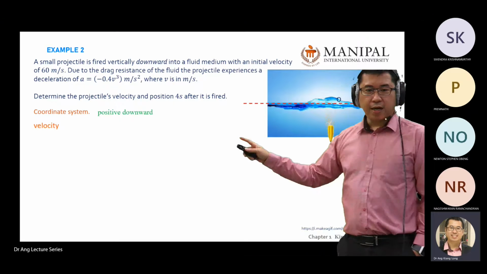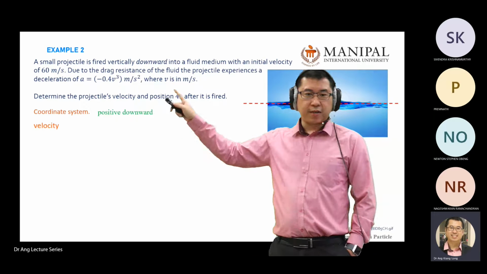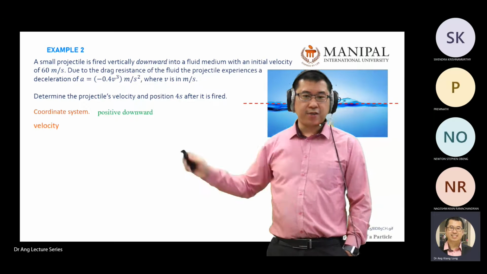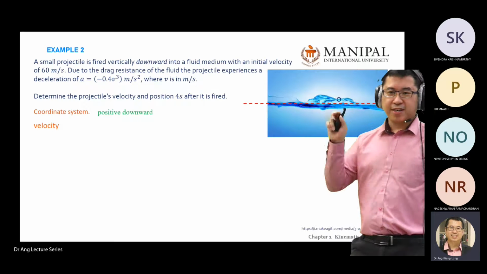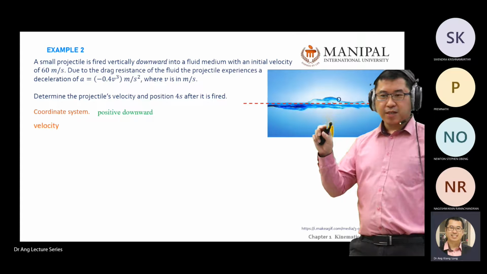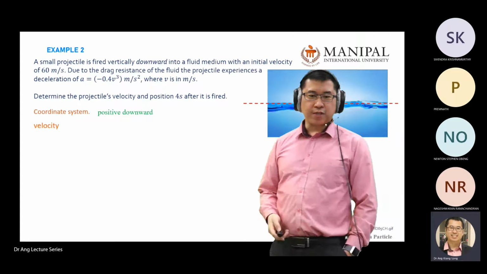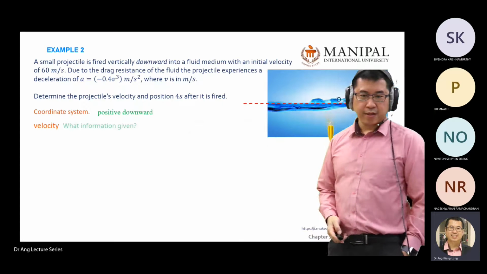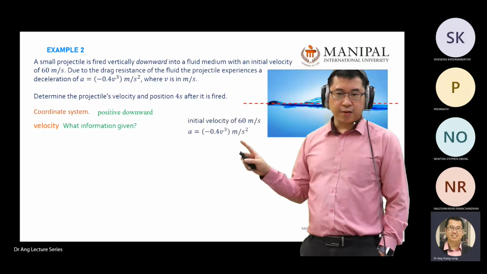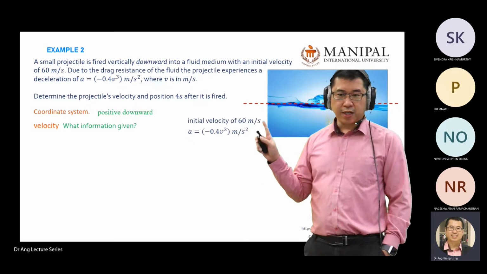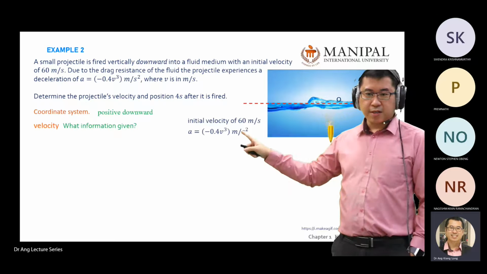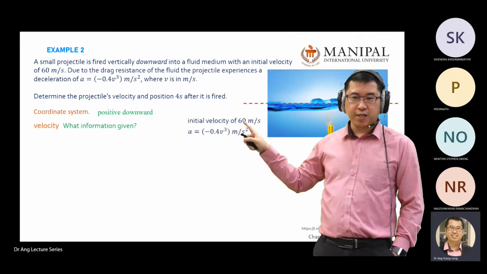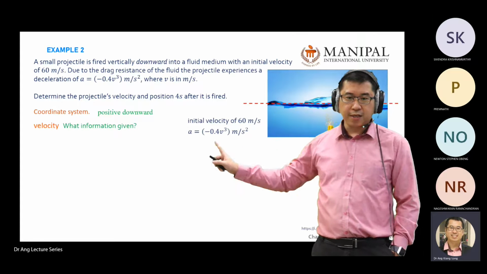So how do we get velocity? We are given the acceleration equation. Again, this is how you extract the acceleration equation and put it into velocity. You are given the initial velocity, which is 60, so initial velocity v0 is 60.